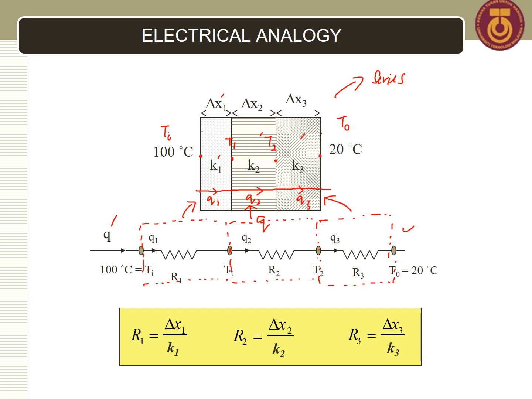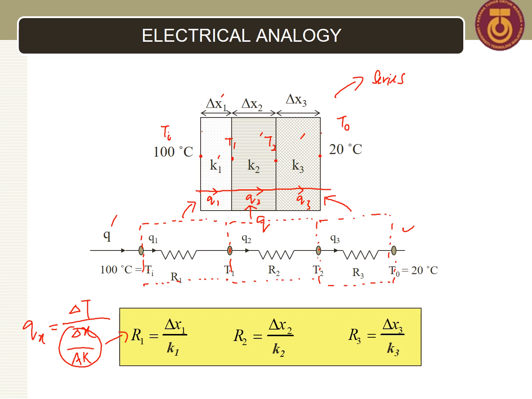We learned in the previous lecture that for such a system, Qx equals delta T divided by delta X over A K, and this part is the resistance R. Why don't you see A here?